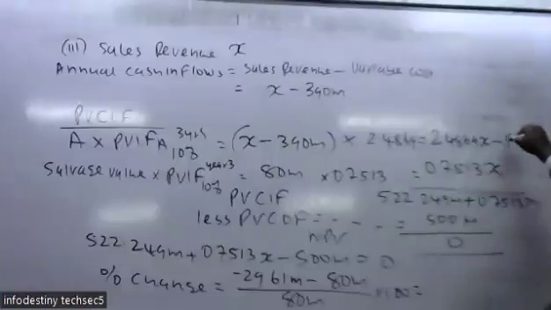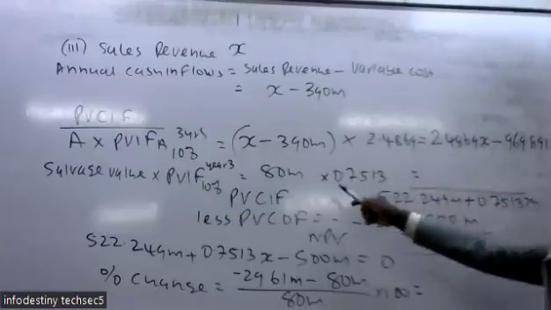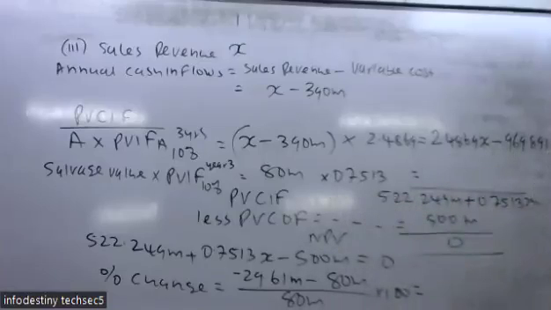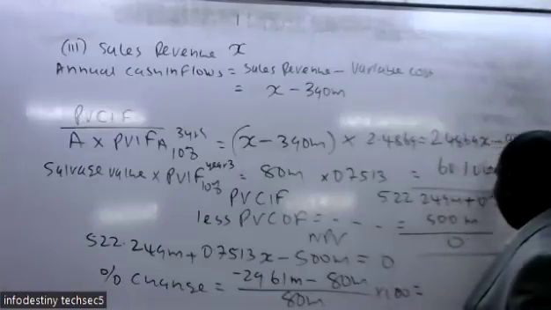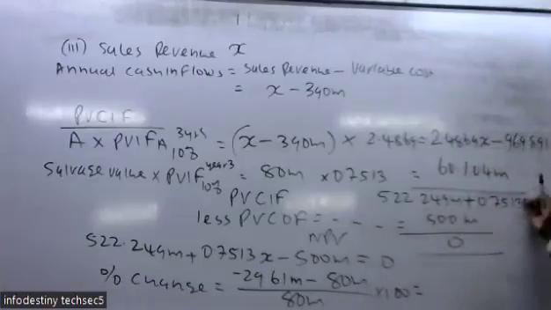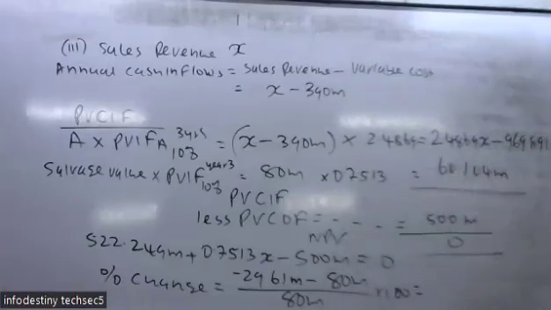Correct? 969.891. Then the other one, you remember, 80 million multiplied by 0.75. It was 60 point what? 60.104.